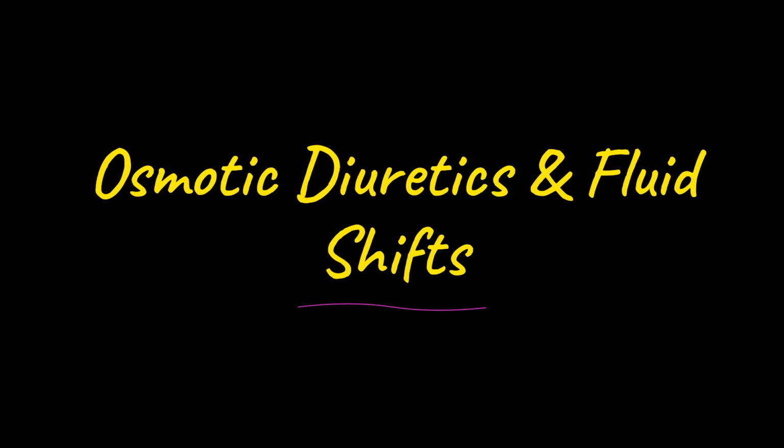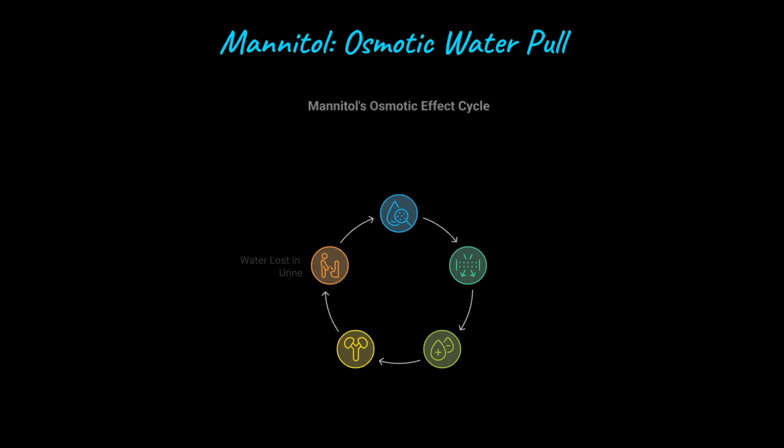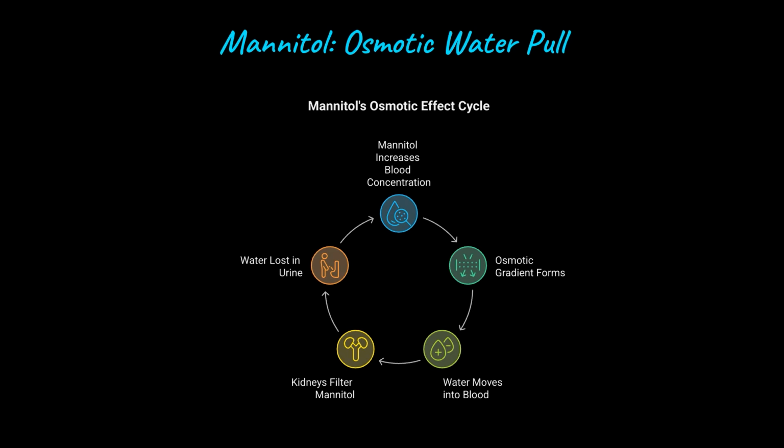Mannitol is an osmotic diuretic, a sugar alcohol that stays in the bloodstream and tubules rather than being reabsorbed. That single property drives everything it does, both therapeutically and dangerously. Once infused, mannitol raises the particle concentration in the blood, pulling water out of swollen tissues and into the vessels.